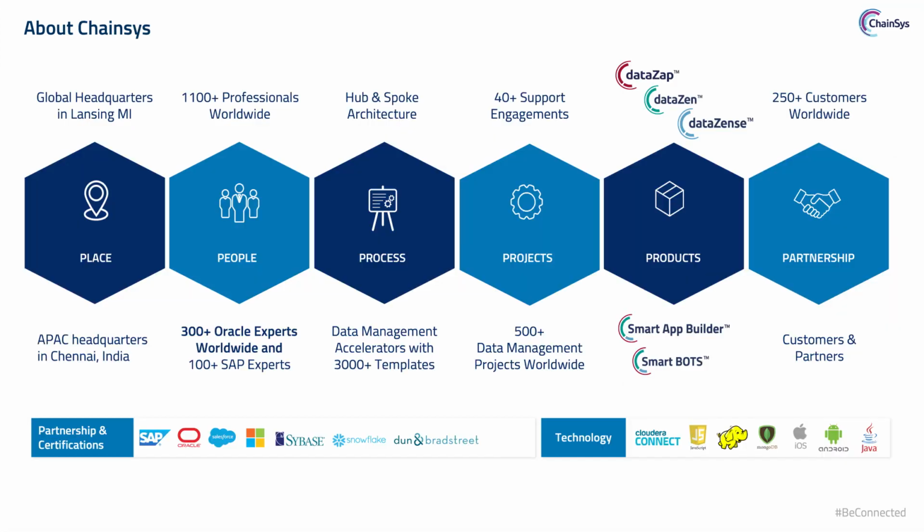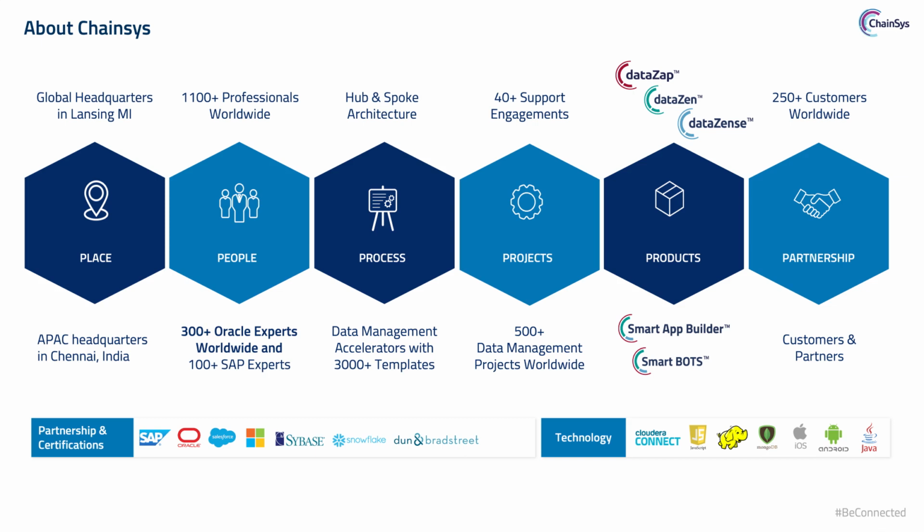About Changes. Changes' global headquarters is located in Lansing, MI, and its APAC headquarters in Chennai, India. There are more than 1,100 professionals worldwide, with 300 plus Oracle experts and 100 plus SAP experts.